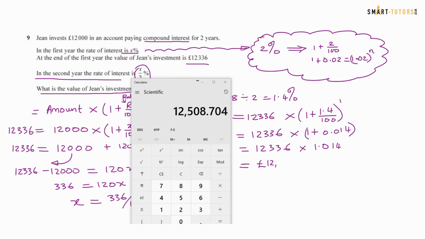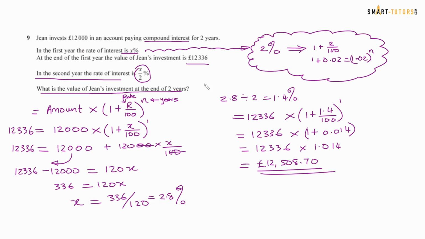Let me open the calculator. 12,336 times 1.014. The answer I got here, 12,508.70 pence. That is my final answer for question number 9.